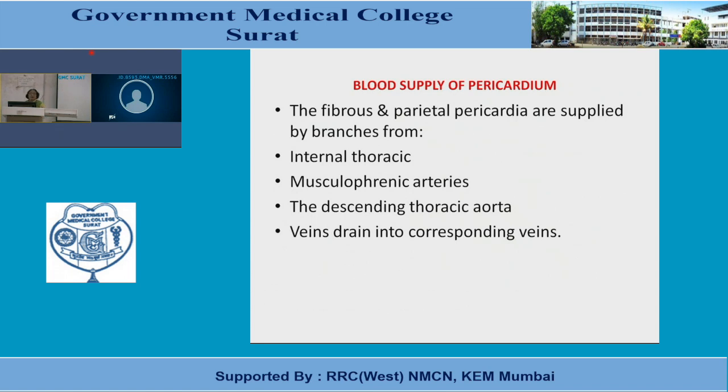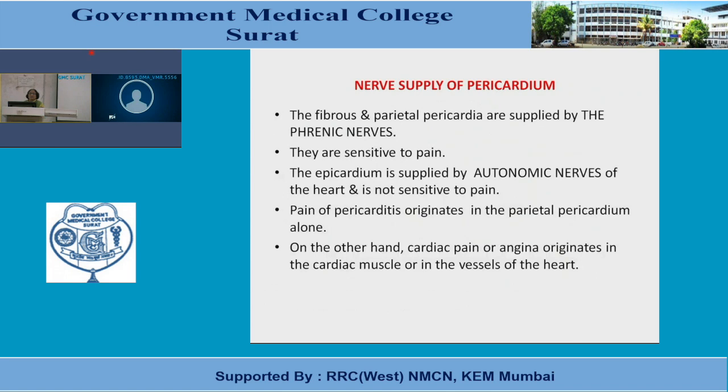Nerve supply of the pericardium is very important. The fibrous and parietal outer layer of the serous pericardium are supplied by the phrenic nerves. They are sensitive to pain. The epicardium is supplied by the autonomic nerves of the heart and is not sensitive to pain. Right? Not sensitive to pain.